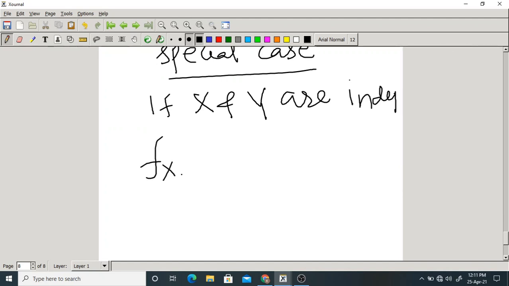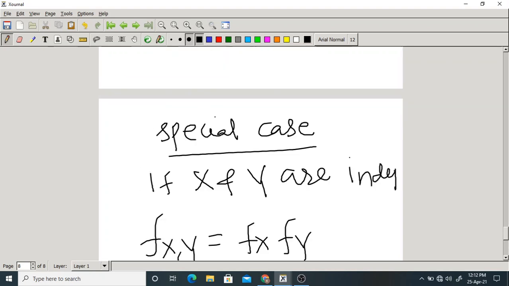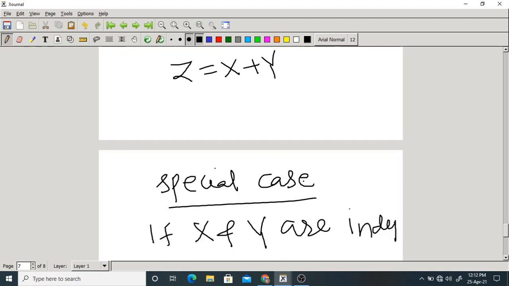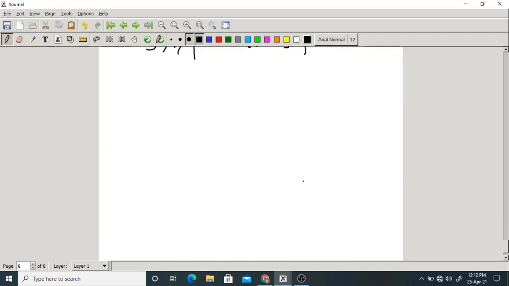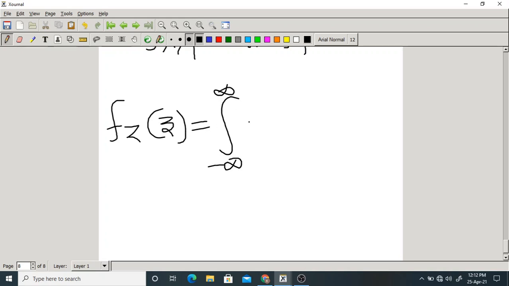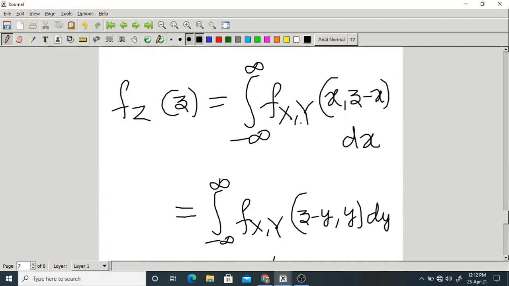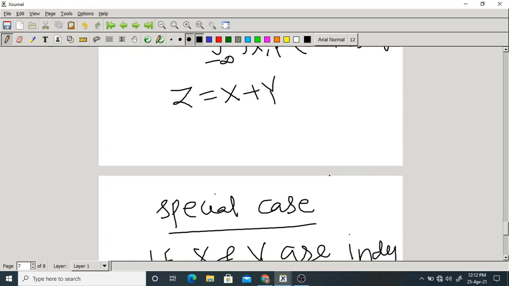I have written f_XY equal to f_X into f_Y. Now let me take the first integral. What is the first integral? F_Z of z equals the integral from minus to plus infinity of f_XY of x comma z minus x.